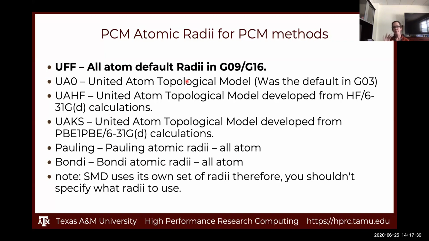Okay, so the way that it makes the solvent accessible surface is it uses a certain radii for each of the elements. And in Gaussian 09 and Gaussian 16, it uses the all-atom UFF defined radii. Okay, so we talked about UFF yesterday. It's the molecular mechanics force field, and they have specific radii that are set up, and that's how it generates all those spring constants, right?